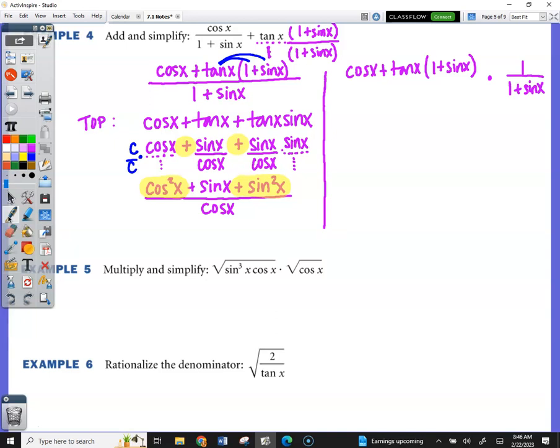We're running out of room, so I'm going to highlight it to say, direct your attention right here. That's 1. Copy what's left over cosine x. It's literally the exact same.